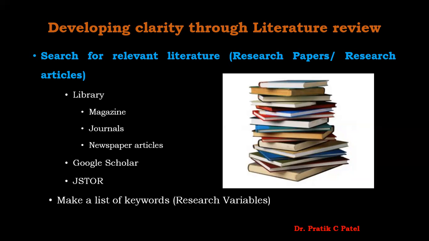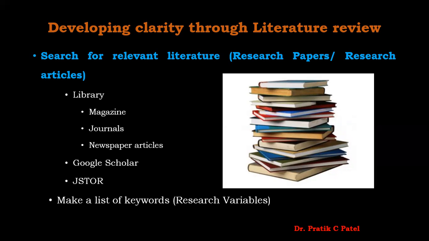Just a suggestive list of things which you can follow and go through for literature review. Library is the best source: magazines, journals, newspaper articles. You can go on the internet also, but you understand that on the internet so many things are there, or almost everything is there.